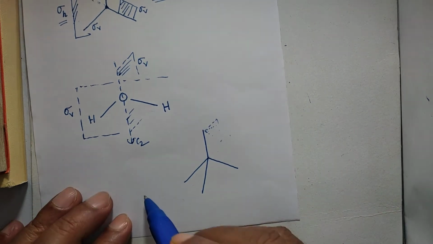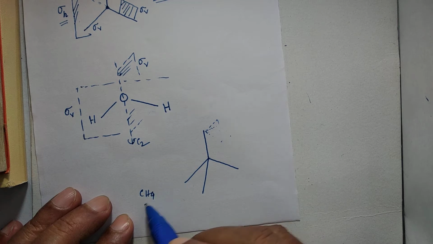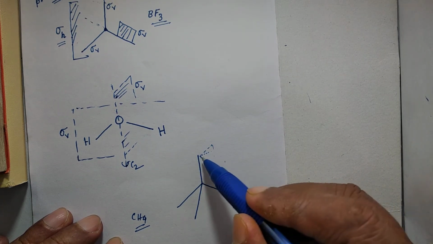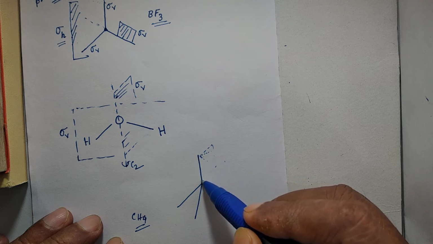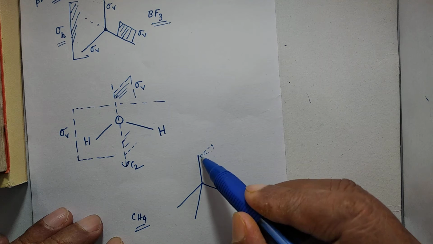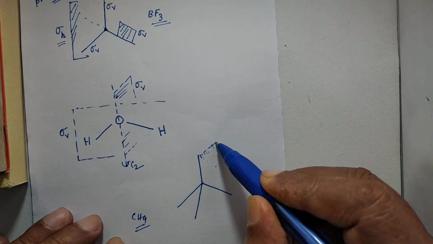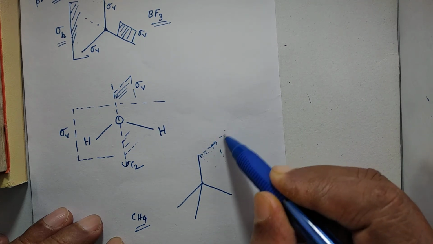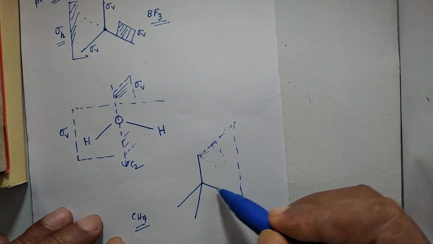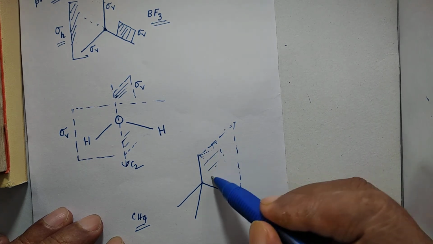In case of methane, there are planes of symmetry. For example, using these two bonds, you can imagine a plane like this.